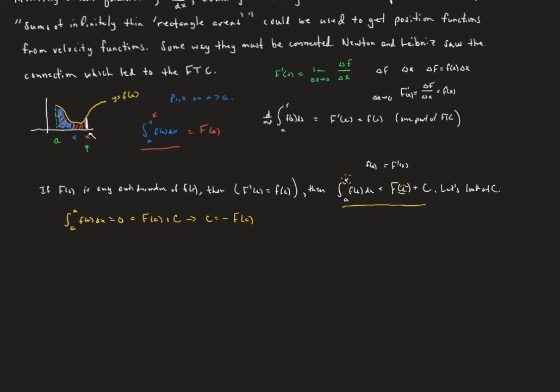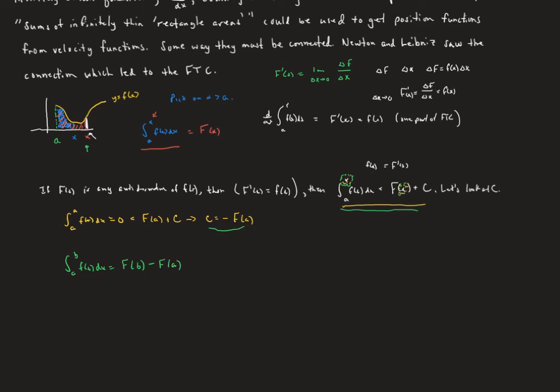So then we come back to, again, building on this relationship here. Now we can say the integral from a to b of little f of x dx is going to be, well, now the b, which is the same thing that goes here, is going to go there. That's going to be capital F of b, plus the c, but the c we said was minus capital F of a.